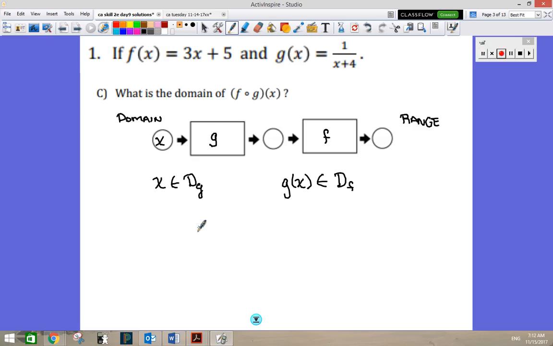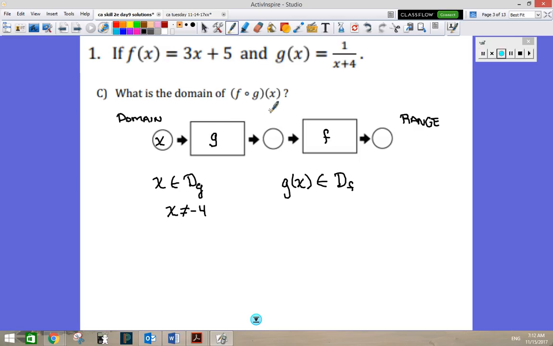Well, we've said the domain of g was x not equal to negative 4. We can come back and write that in interval notation later. The domain of f was all real numbers. So we don't have any restrictions here. Anything that g produces will go through f with absolutely no problem.